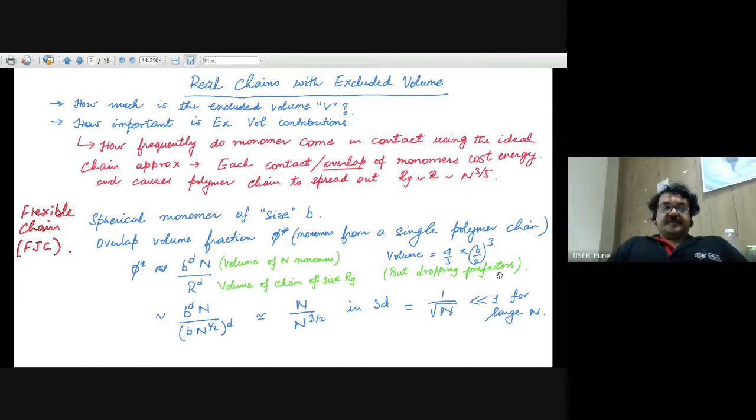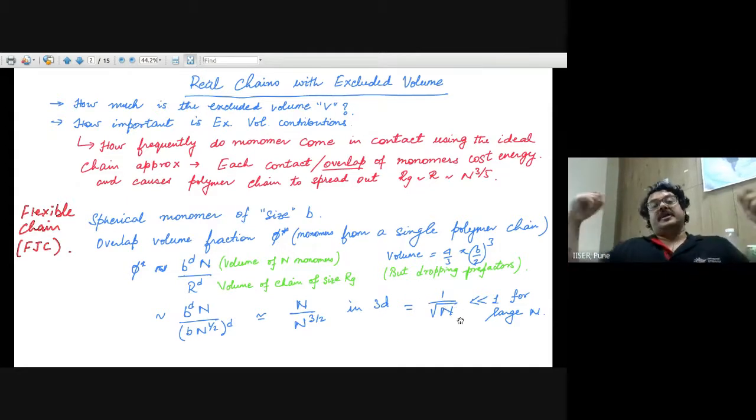Now R is b times n to the power half; you are taking an ideal chain approximation here, raised to the power d. Then in the numerator you have n, and for 3 dimensions the denominator is n to the power 3 by 2. So the overlap volume fraction phi star goes as 1 by root n.